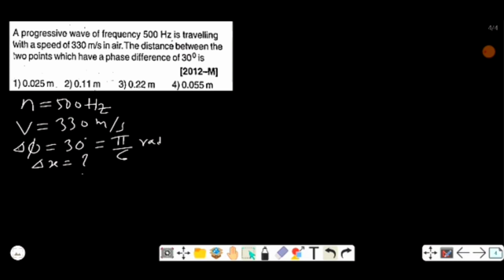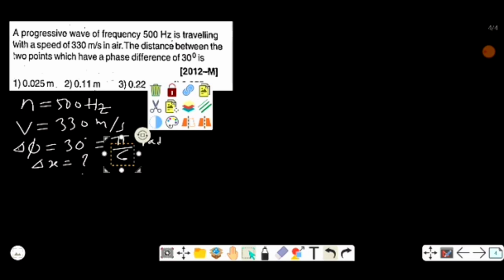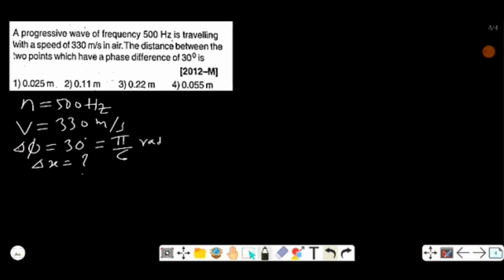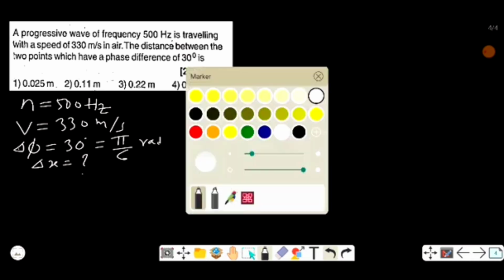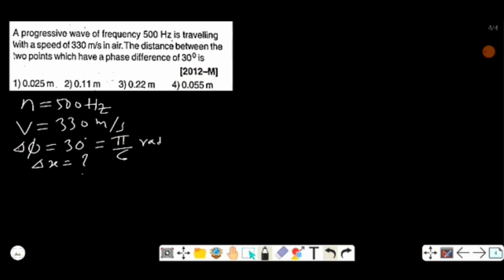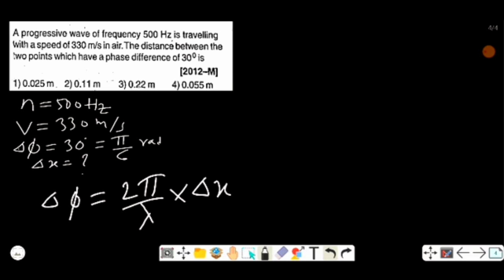In radian you should write that as pi by 6. So the relation between phase difference and path difference: phase difference delta phi is equal to 2 pi by lambda into path difference delta x.